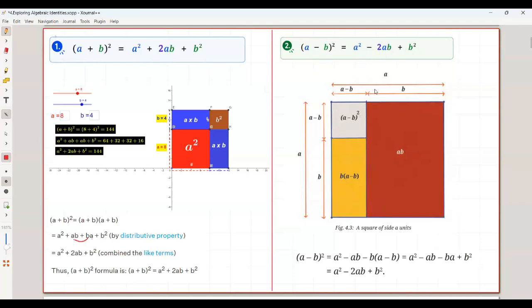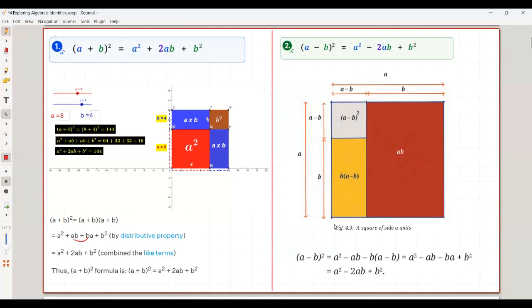We are just taking the total length of the square as A unit. Then this rectangle length is B unit, so from this square it will be A minus B, this also A minus B. So the big square is divided into A minus B the whole square, and A square, right, that is the total area.